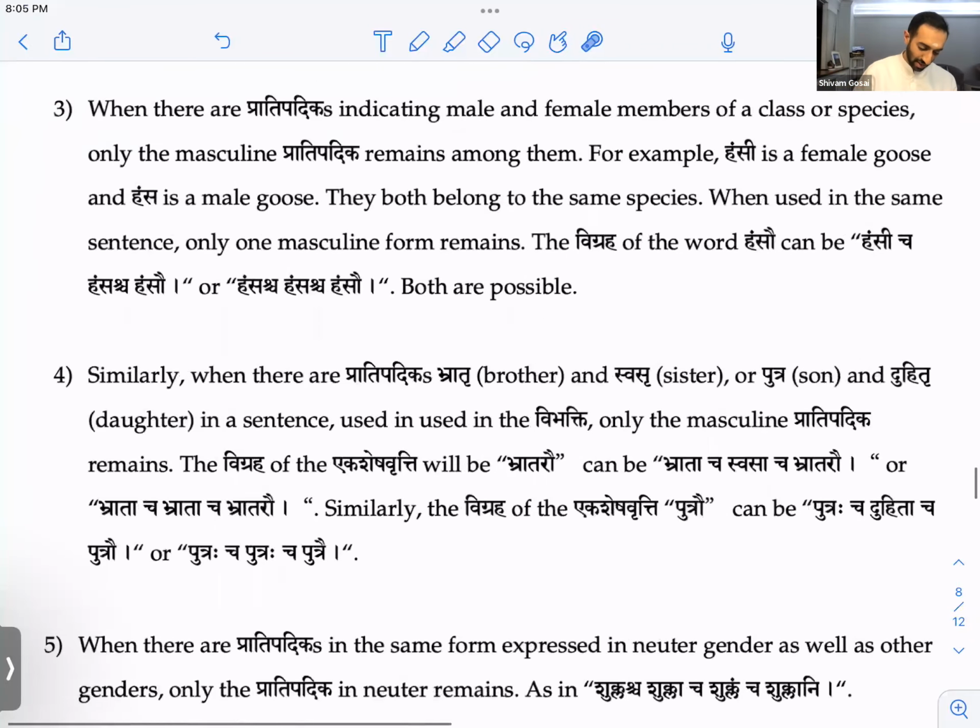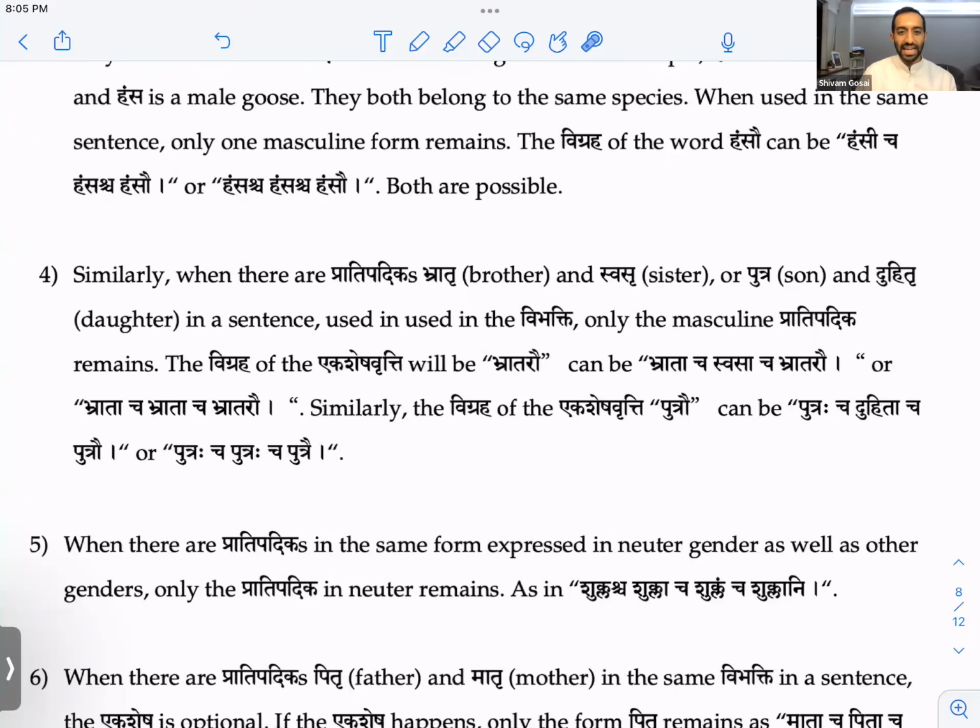Quickly, because we're out of time, another example of the same species is brothers and sisters. If I have brata and swasa, a brother and a sister, I say brataro.